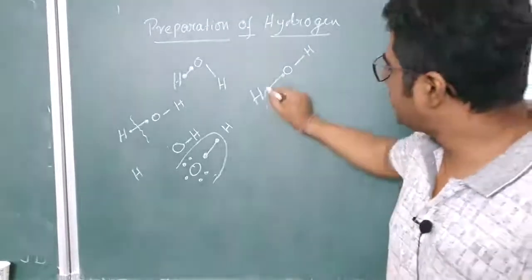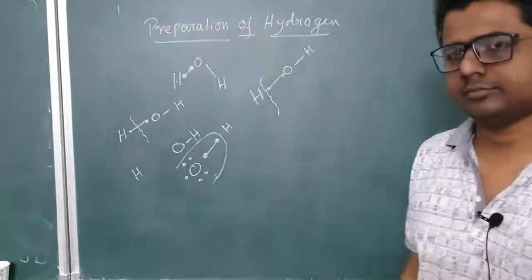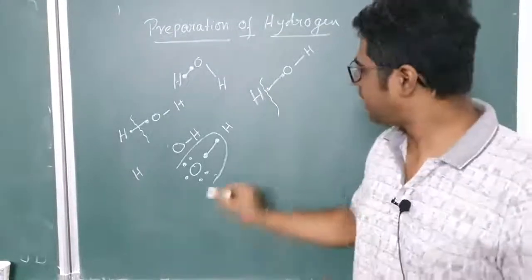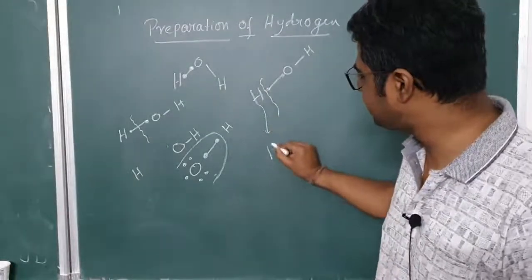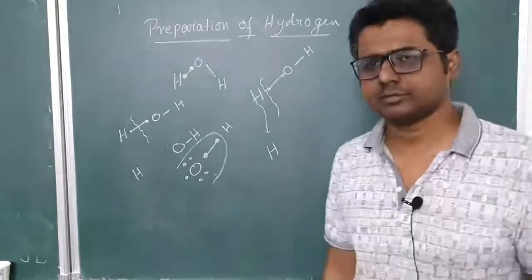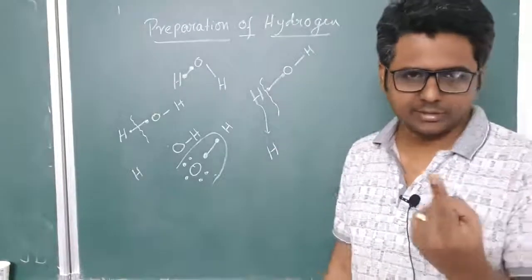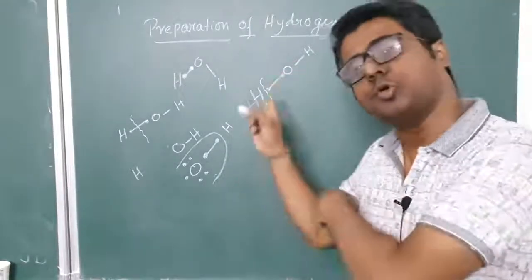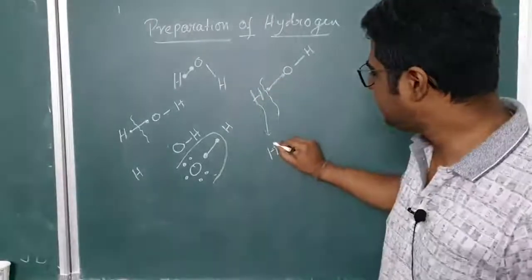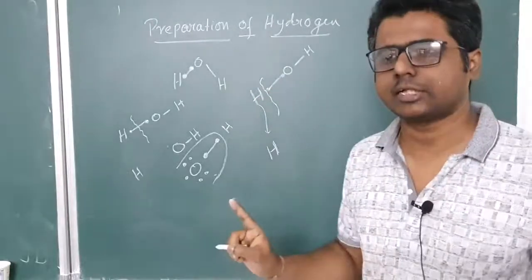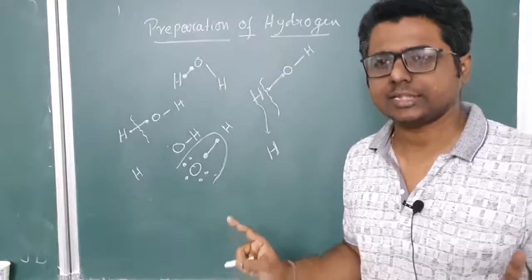If I go for this kind of cleavage, that means at this moment this hydrogen comes out. Does it have any electrons? It had one electron, right? So it has given it away to OH. So this hydrogen has lost its electron.